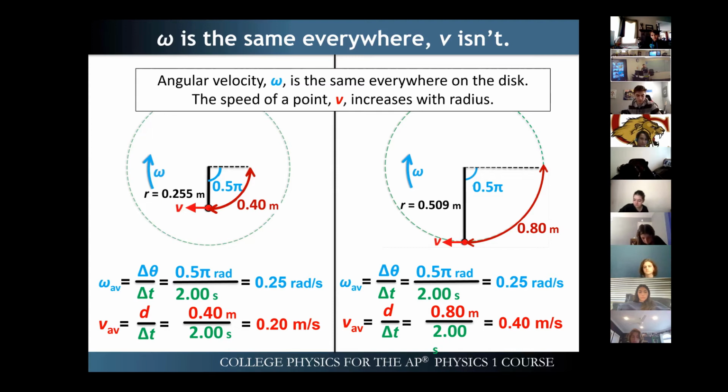But at the same time, you have to keep in mind the linear velocity is not the same. It increases with radius. So if you remember those 2 facts, that can make problem solving for a lot of these questions much, much easier, especially the first statement. The angular velocity is the same everywhere on the disk.